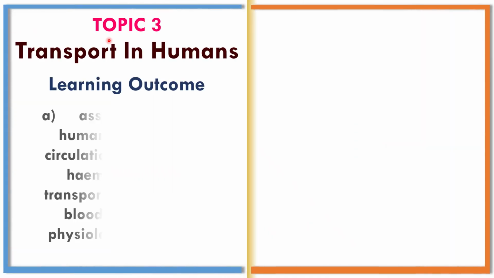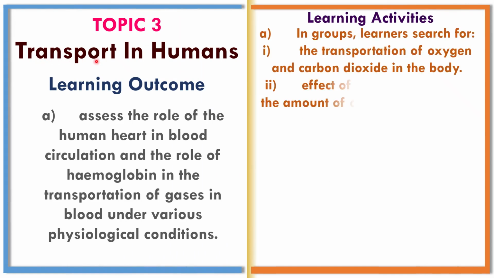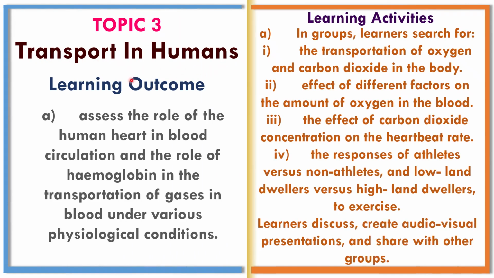Thank you for participating in topic 3, transport in humans. We have been looking at learning outcome A: assess the role of the human heart in blood circulation and the role of hemoglobin in the transportation of gases in the blood under various physiological conditions.